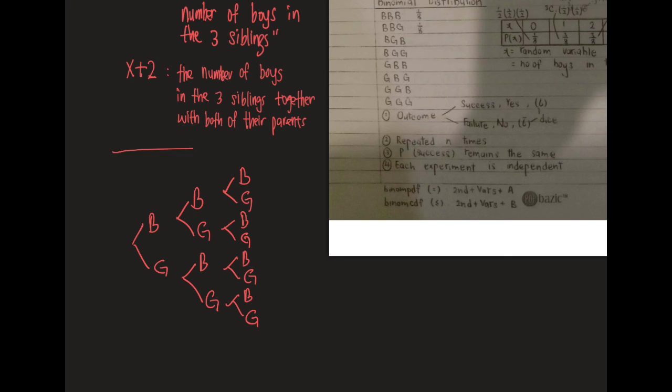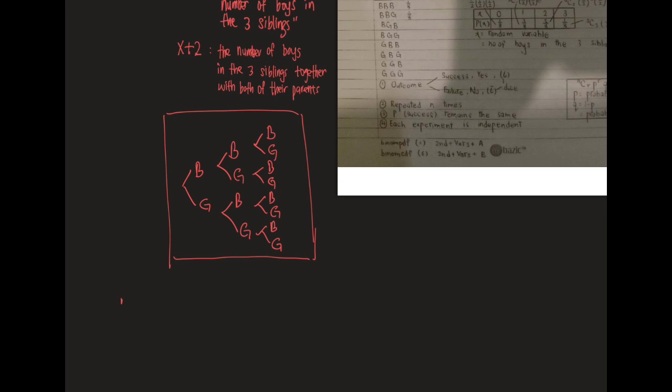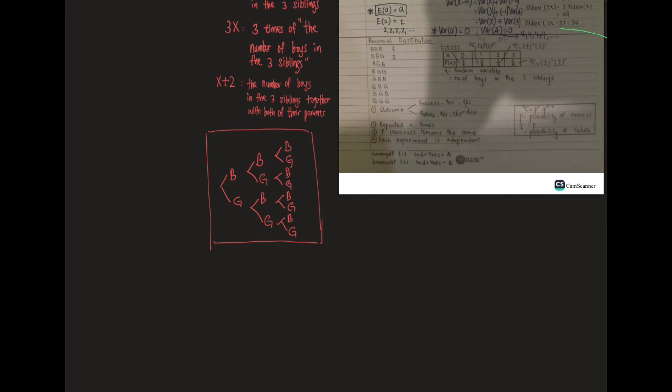Okay, so for these kinds of tree diagrams, you can use binomial distribution to work out the probabilities and mean and variance.